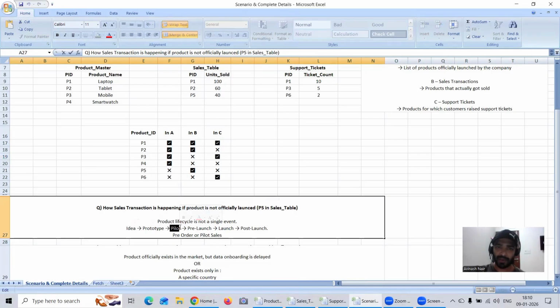But they want to test a particular product in certain regions, maybe in India or Japan. That is known as a pilot. Although they have a customer base in various countries, they are specifically testing and selling their products to certain customers in certain regions. Then there is pre-launch, where they do heavy advertisement.